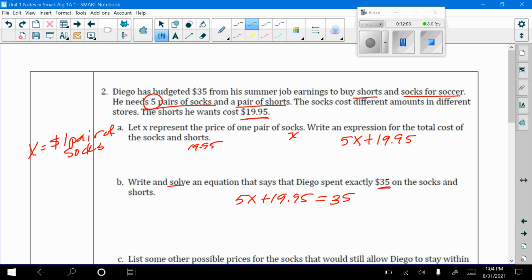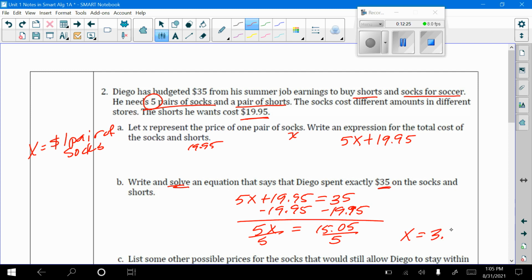So write and solve it. We have to solve it here. Minus 19.95, minus 19.95. I'm going to get 5x is equal to 35 take away 19.95, which gives me 15.05. Divided by 5, I end up with x is equal to 3.01.